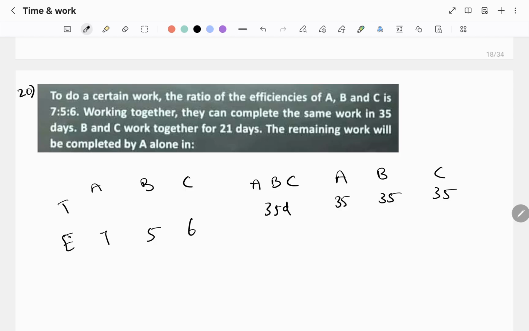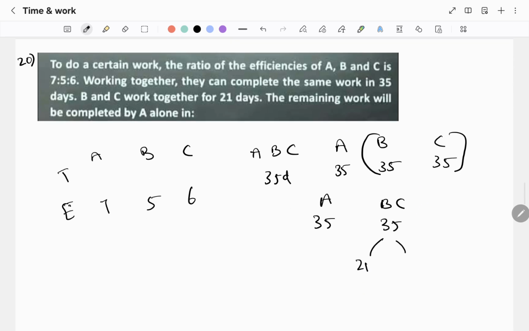Now what they are saying, B and C work together for 21 days. Now see, if I separate A, B and C, A works for 35 days, B and C work for 35 days. Correct? But B and C work together for how many days? 21 days. The remaining work will be completed by A alone in how many days?